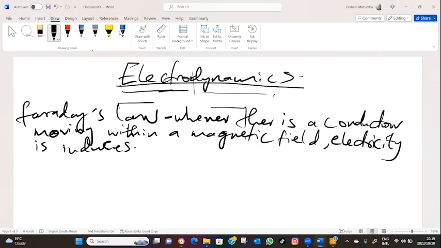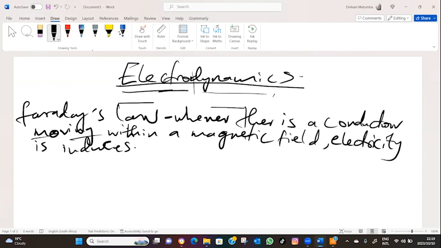So hence the name electrodynamics. Whenever there's a moving conductor within a magnetic field, there is electricity that is created.